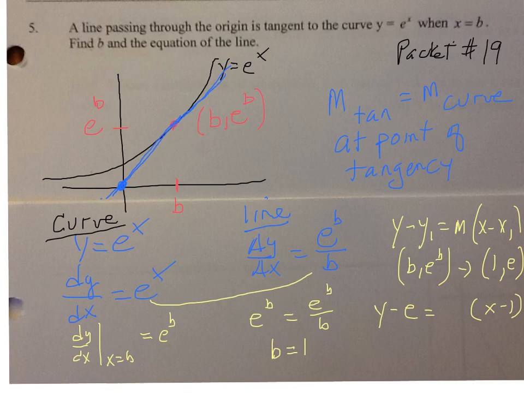Well, my slope is e to the b, and b is 1, so it is just e. If I do a little computation and I recognize that my line goes through the origin, either way I can find out that the simplified version of the line is y equals ex.